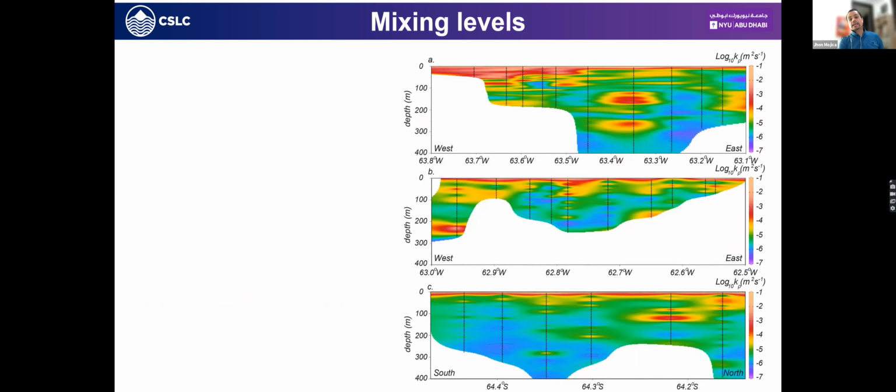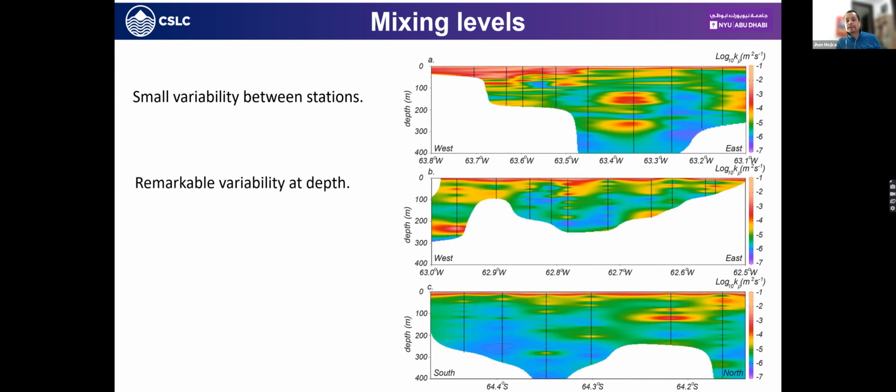All this data helps us to create, for the first time in the area, a diapycnal diffusivity map of the three bays. As we can see, there is a small variability between stations that helps us identify some transitional and smooth variation. Also, we can compare with the variability at the different depths and bays, which is more remarkable.